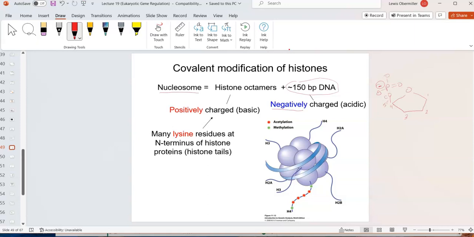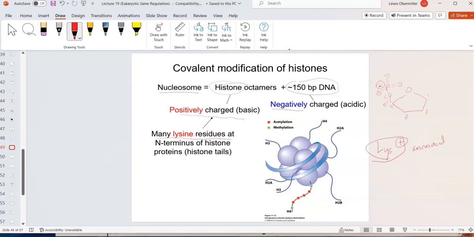And so that means that it's going to be attracted to the positively charged histones. And we've kind of talked about this. So that's how DNA is wrapped around. So DNA is negatively charged, histones are positively charged. And the reason it's positively charged is there's lysine residues. I don't care that you know where it's at, but let's just say there's lots of lysines, and lysine is a positive charged amino acid, right?